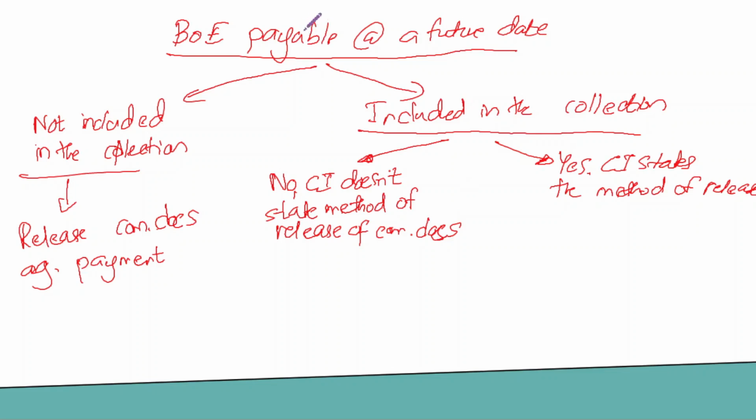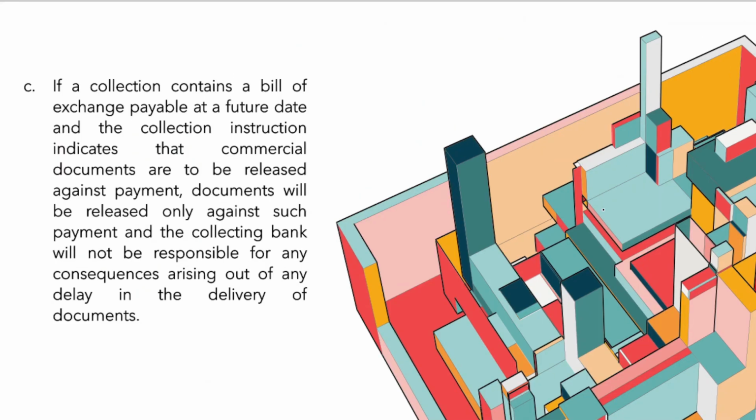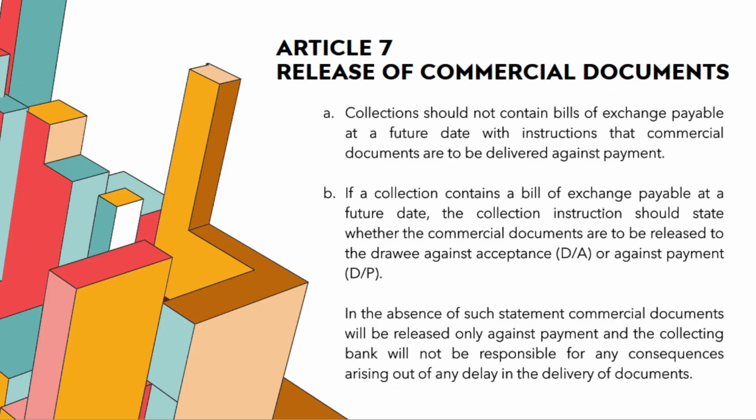Okay, the ideal path is this. If a bill of exchange is included in the collection instruction, it must state the method of release. But subsection B still continues on. They say if such a statement is not included, then the commercial documents will be released only against payment, and the collecting bank is not responsible for any consequences arising out of any delay in the delivery of documents.